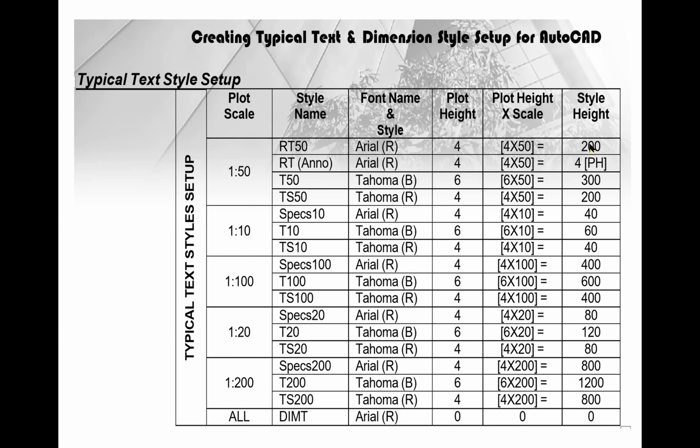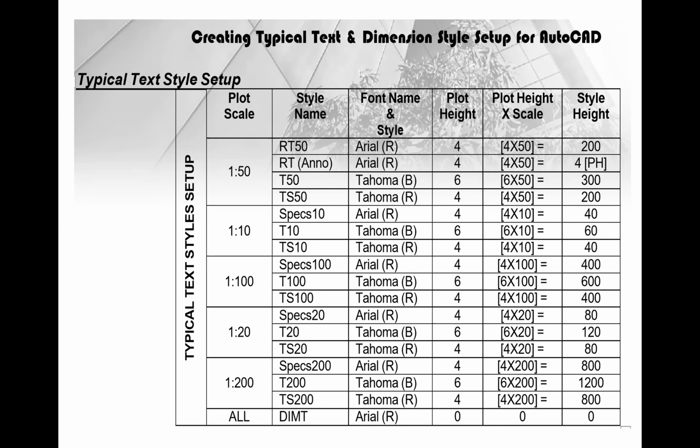So the rule of thumb is whatever scale you plan to print the drawing, you need to multiply the text, the intended size on paper, by the intended plot scale. So if you want it to be 3 mm on paper and you print it 1 in 50, it's 3 times 50.